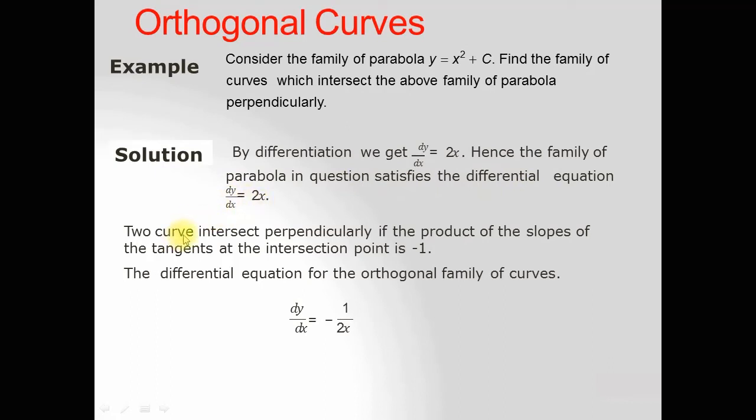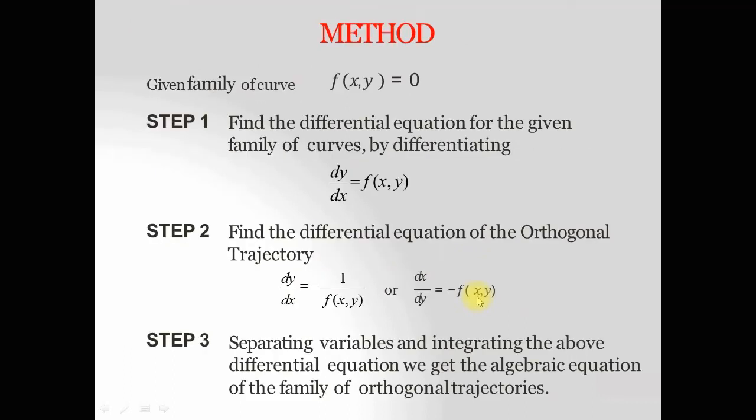Now two curves intersect perpendicularly if the product of the slopes of the tangents at the intersection point is minus 1. So dear students, this is the given family of curves, and we are going to find the orthogonal family of curves.